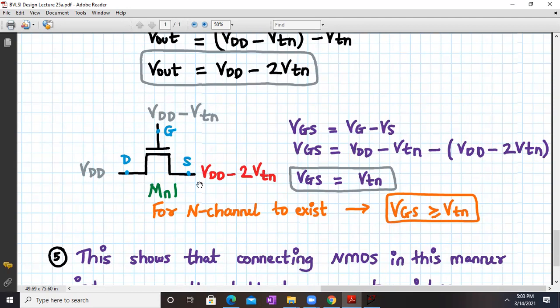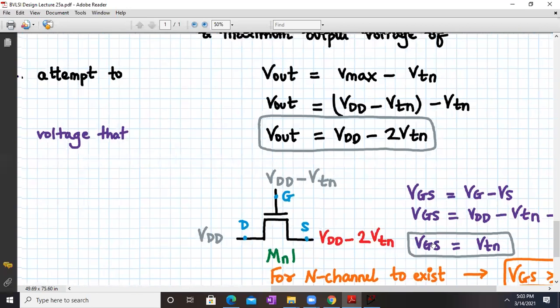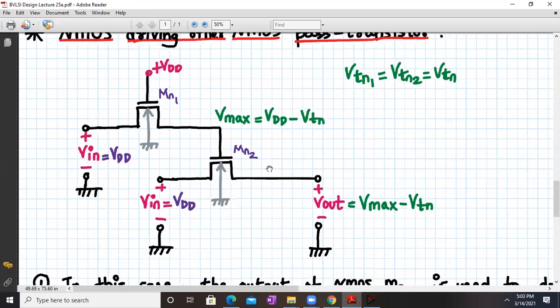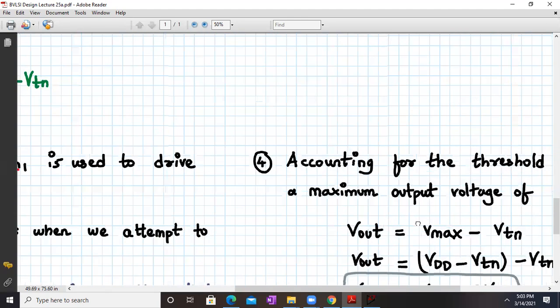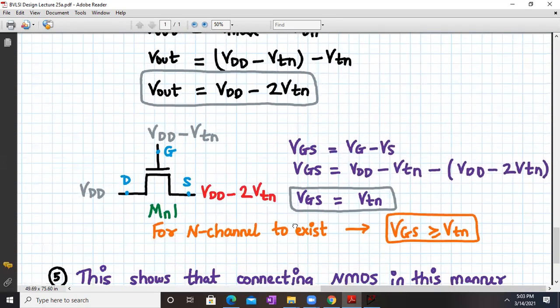That is why at the output of the second N pass transistor, this is Mn2, the second N pass transistor, we have the value VDD minus twice VTN. So the Vout value is VDD minus twice VTN for the second transistor.